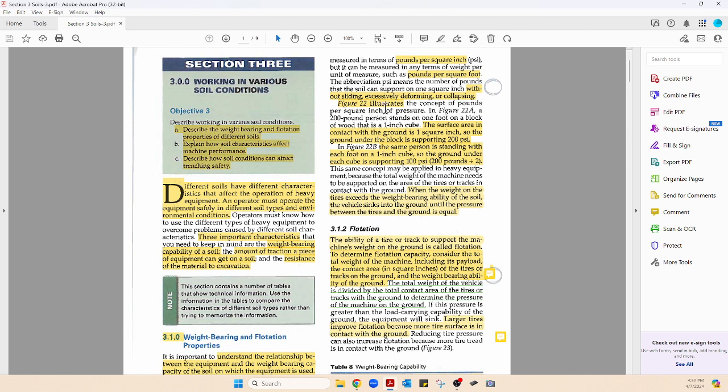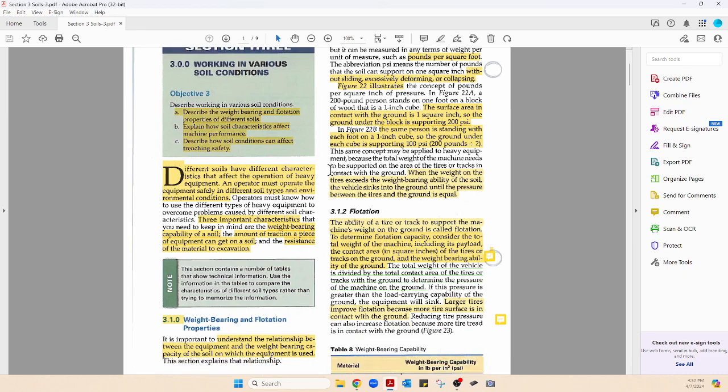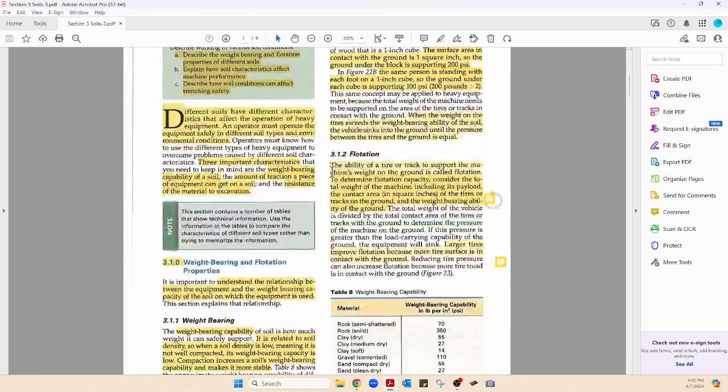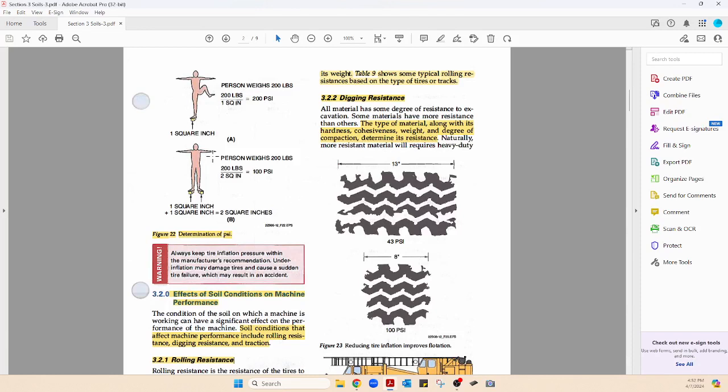So figure 22 illustrates the concept of pounds per square inch. Let's jump to that. Here it is, figure 22. See this guy, he's standing on blocks. He weighs 200 pounds, so the pressure on each box is 100 pounds per square inch. Up here, he's on one box, one leg in the air.